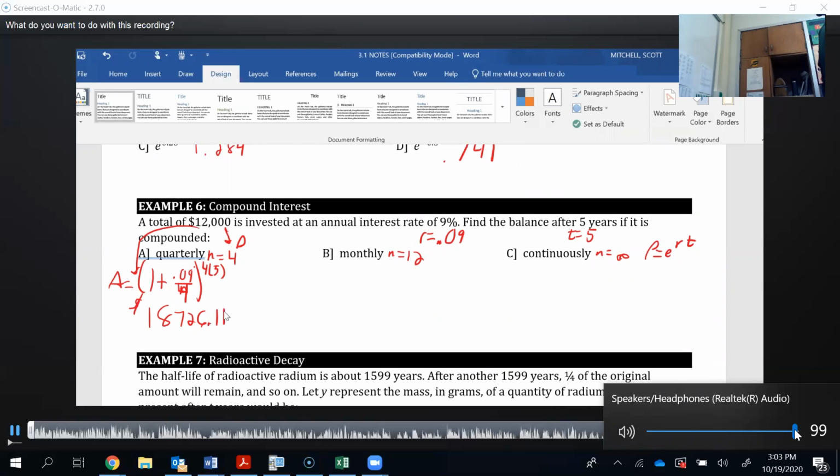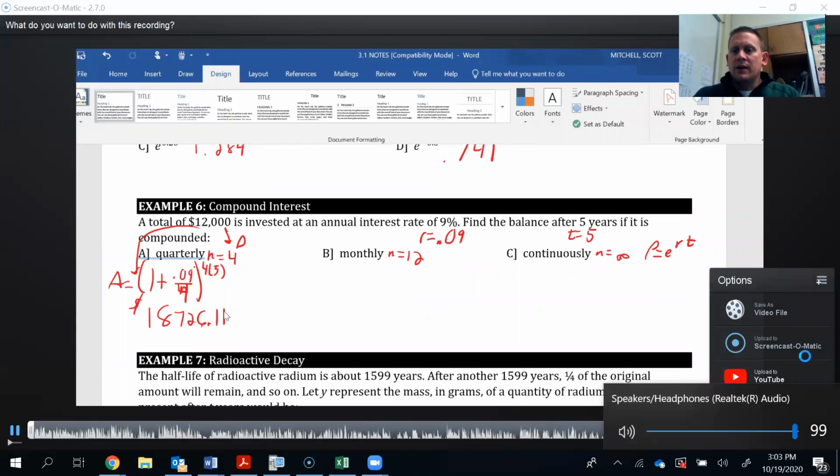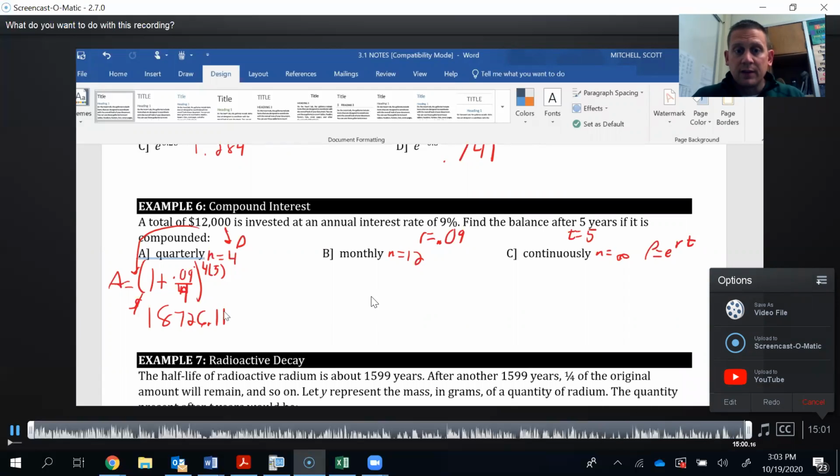So now we're going to find the answer in terms of monthly. We need to take our formula and plug in 12 where there was an N. In our formula, everything else should stay the same.